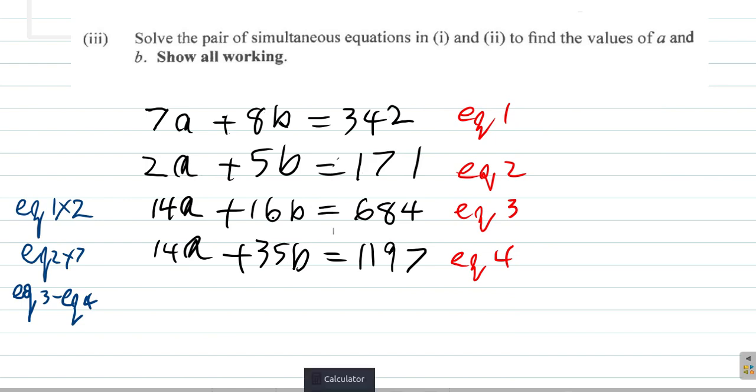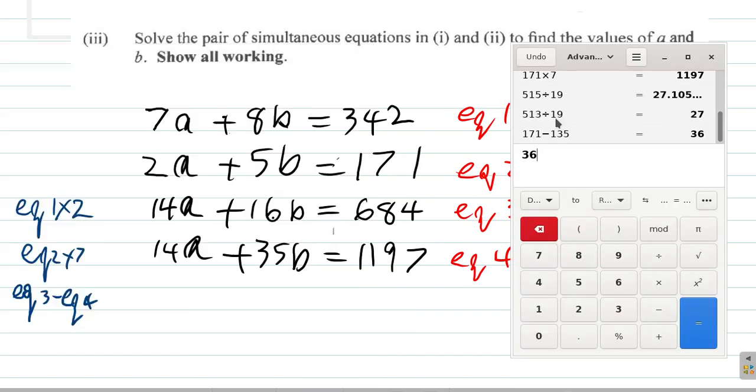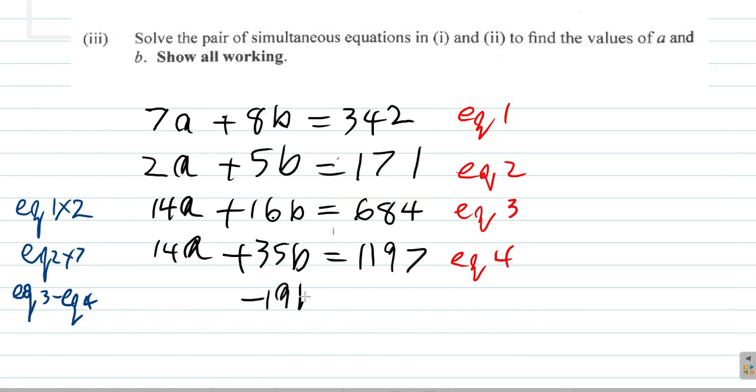So what you're going to have is 16 minus 35, which gives negative 19, and 684 minus 1197 gives negative 513. So you have negative 19b equal negative 513.